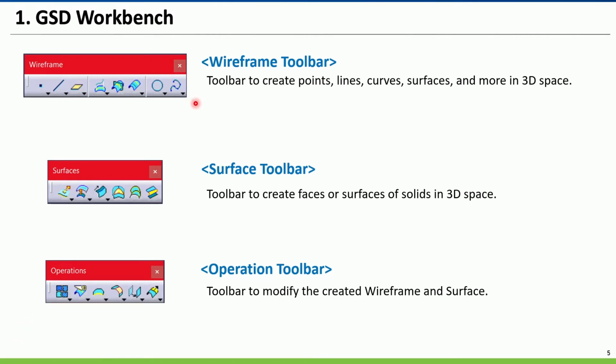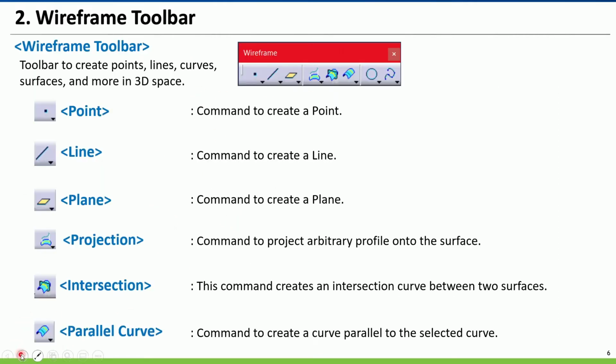Okay, there are the wireframe, surface, and operation toolbars. Now let's discuss the wireframe toolbar first. You already learned in the previous lecture: point to create points, line to create lines, plane to create planes, and projection to project an arbitrary profile onto the surface.